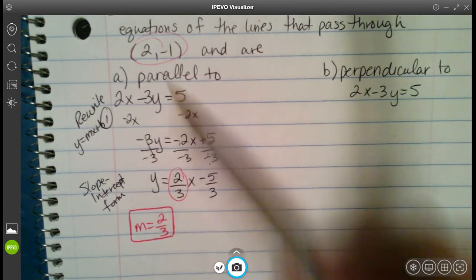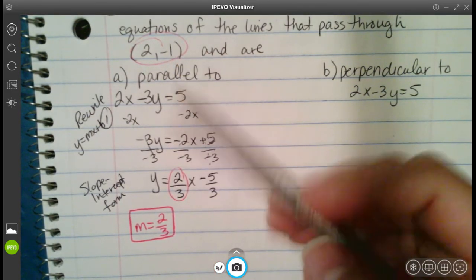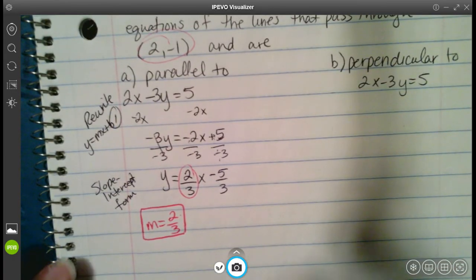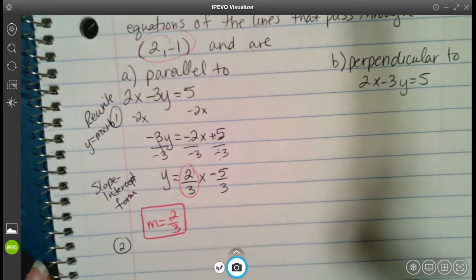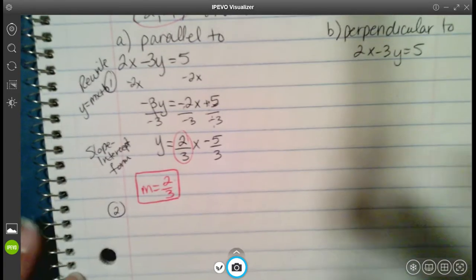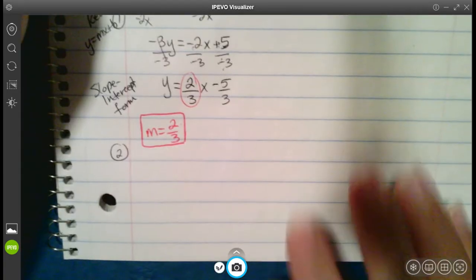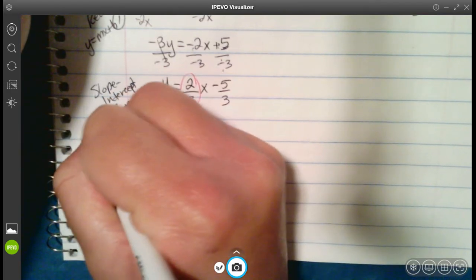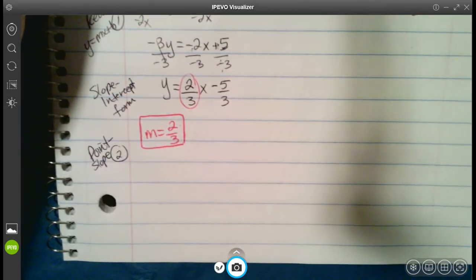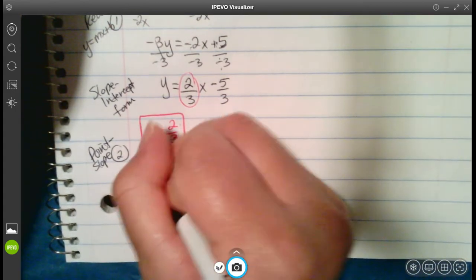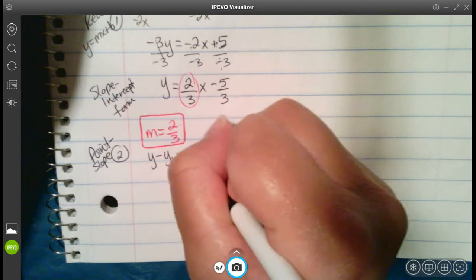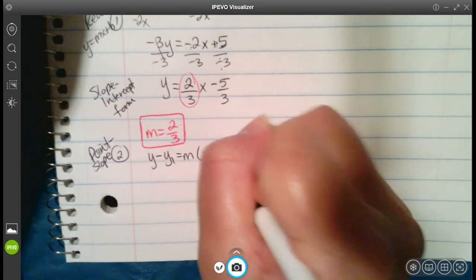So to do that, we're going to use the point slope formula because we have a point and we have a slope. So now for step 2, now hopefully I can fit this all here. Okay, for step 2, we're going to use the point slope formula. Point slope, which again is y minus y1 equals m times x minus x1. I'm not going to color code this time.